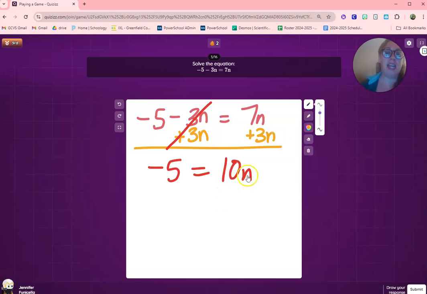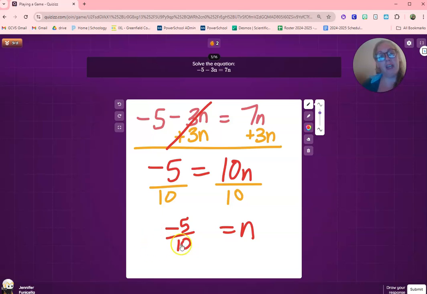And then 10 times n. So we're going to do our opposite operation and divide both sides by 10. And we get n equals -5 over 10, which we can simplify to a -1/2 as our final solution.